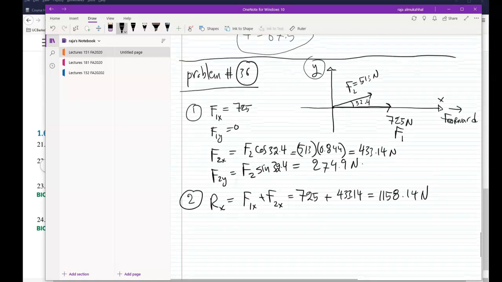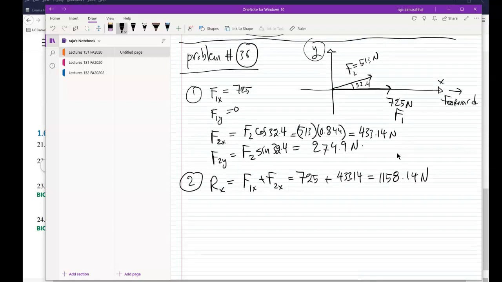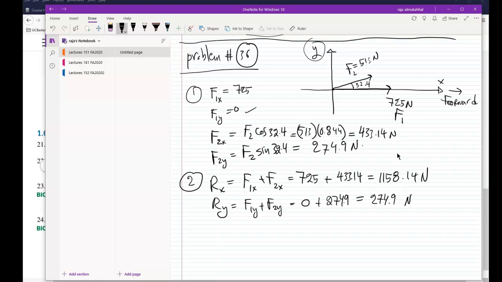Okay? And then R sub y is F1y plus F2y. Well, F1y is 0 right there. F2y, I just found it above there, 274.9. So that's just 274.9 Newton. Okay?